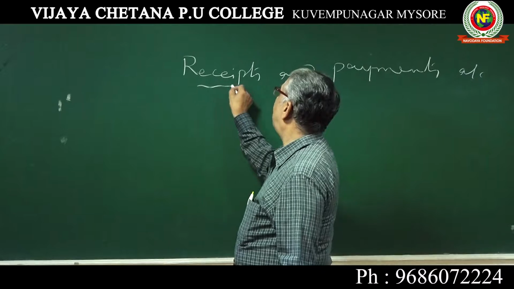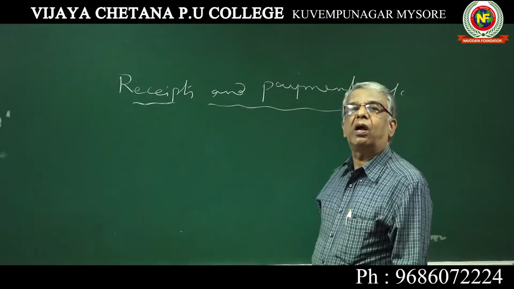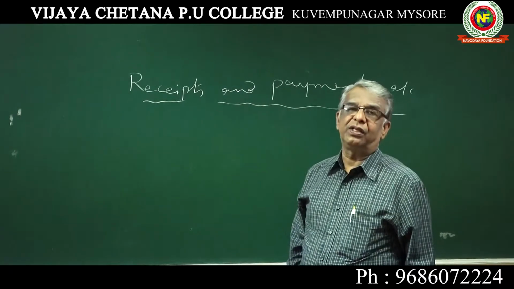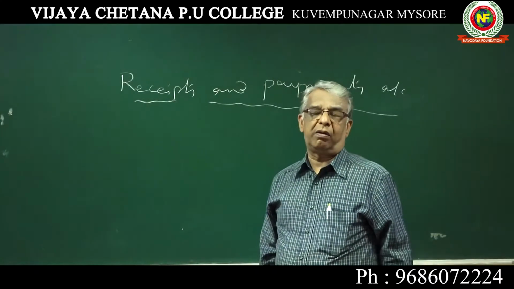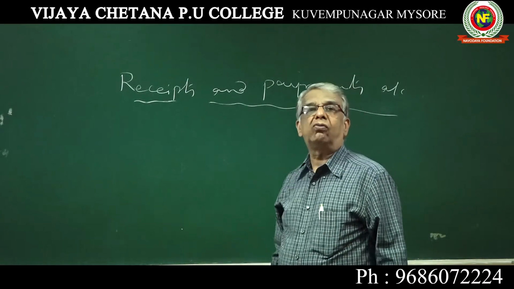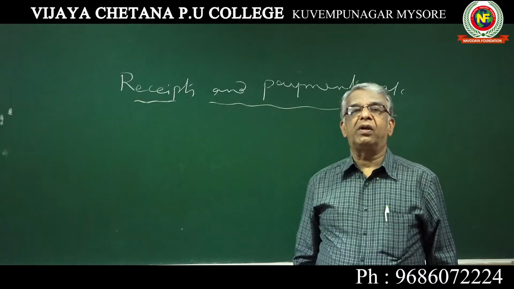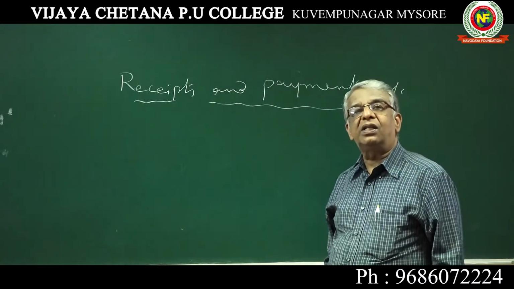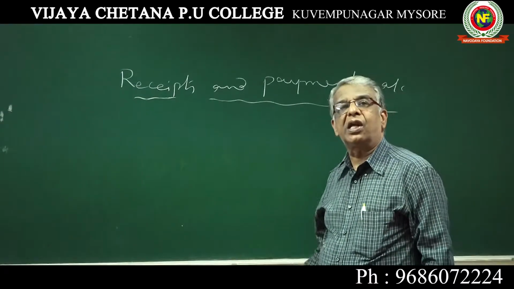As you know, this receipts and payments account contains the opening cash and bank balances, and also the closing cash or bank balances. It contains both revenue and capital items, whether they relate to the previous year, the current year or the next year.